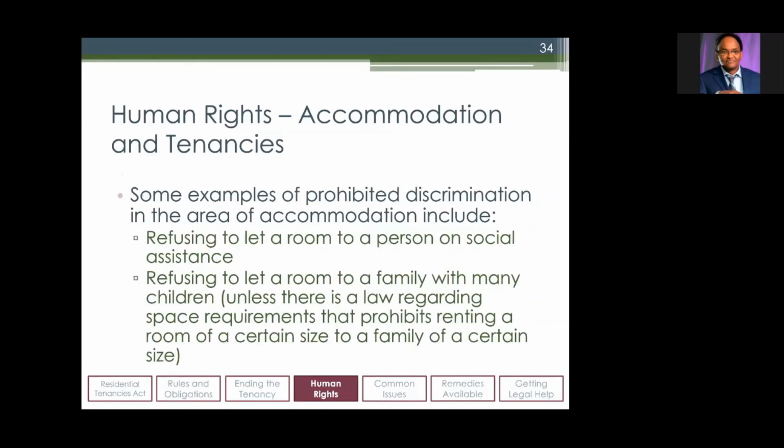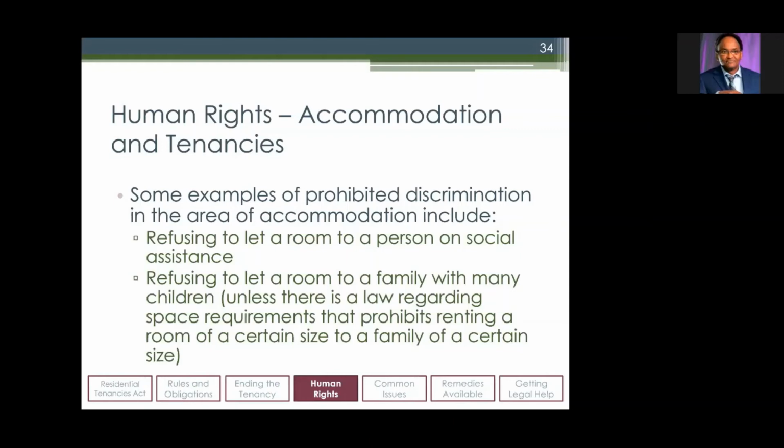Any of those protected grounds, like I said, race, religion, color, ethnicity, physical or mental disability. And this slide that we have in front of us right now provides some examples of prohibited discrimination. Because somebody is on social assistance by itself is not enough to refuse to rent, because even though the person is not working, they do have a source of income.